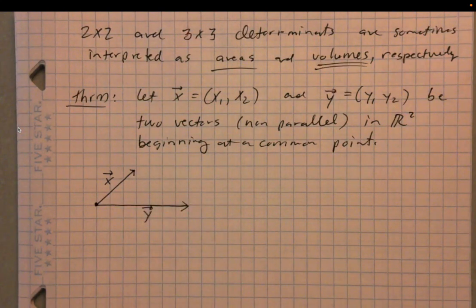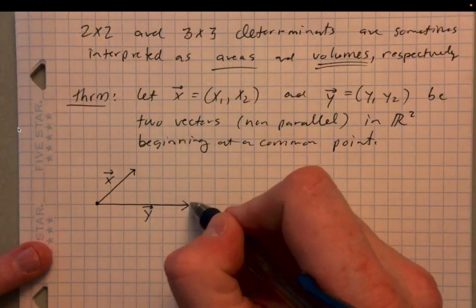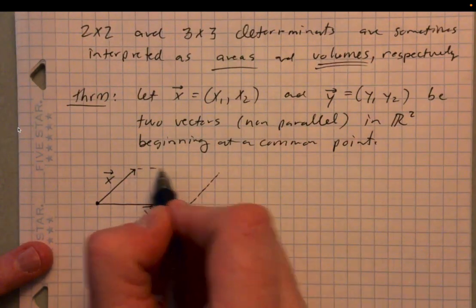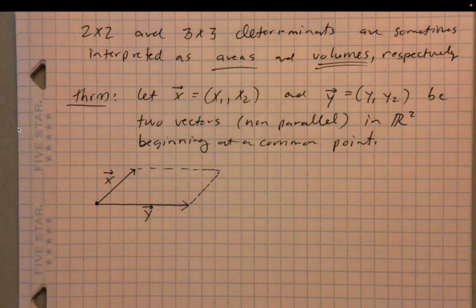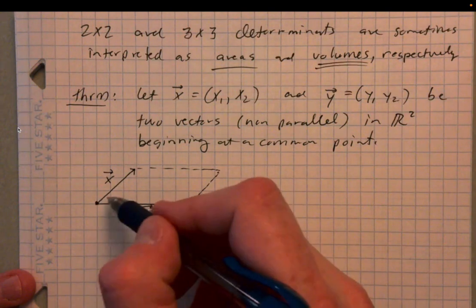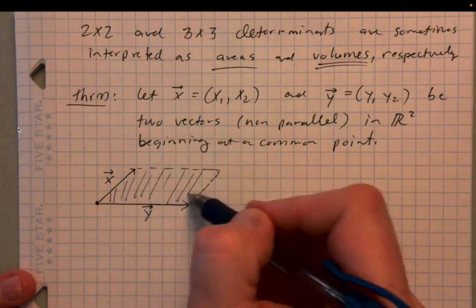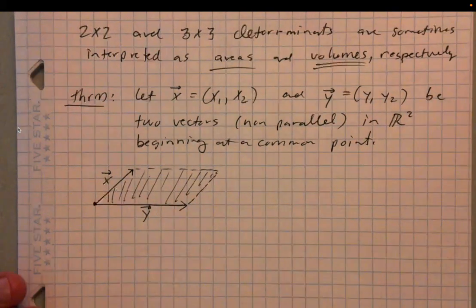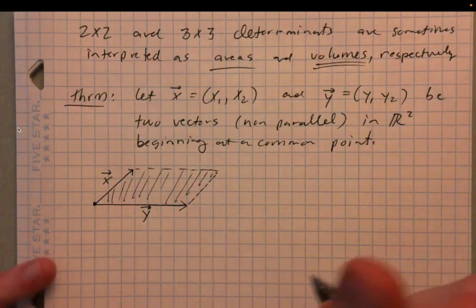These two vectors imply a parallelogram, and it turns out that the area of this parallelogram is given by the determinant of a matrix we can build off of x and y.